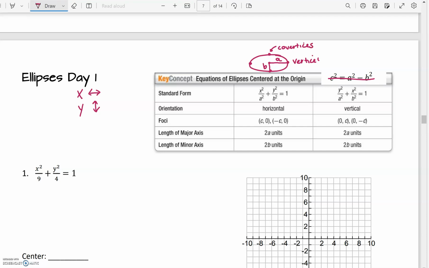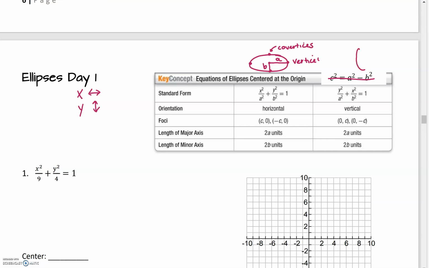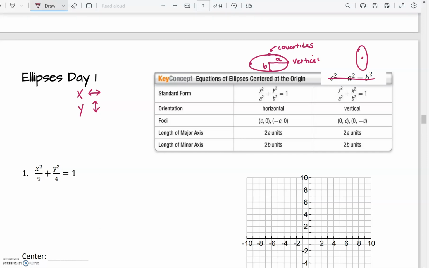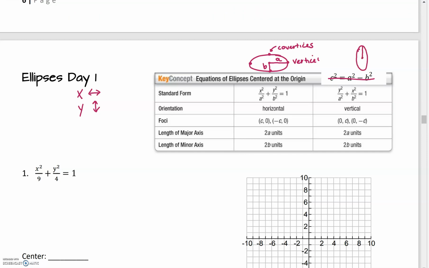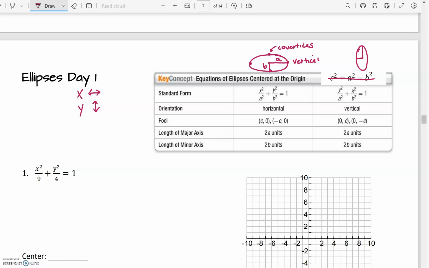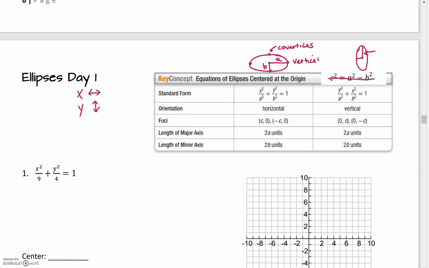So if we have our vertical, it's going to kind of look like that. And we will have our A and our B. Again, A is always our bigger number.